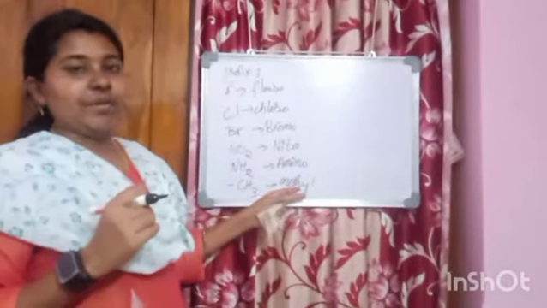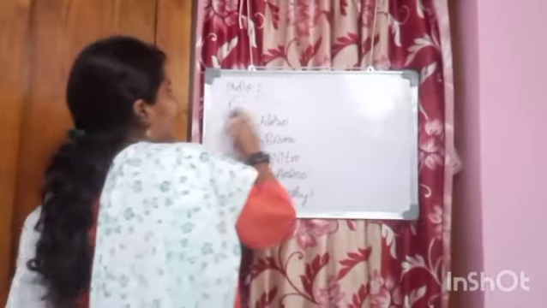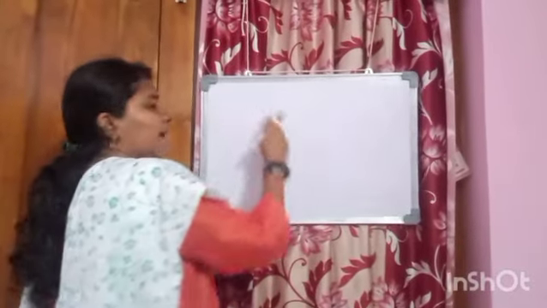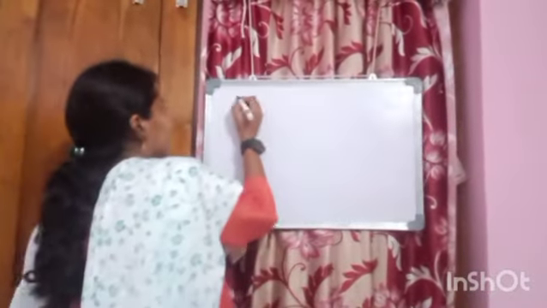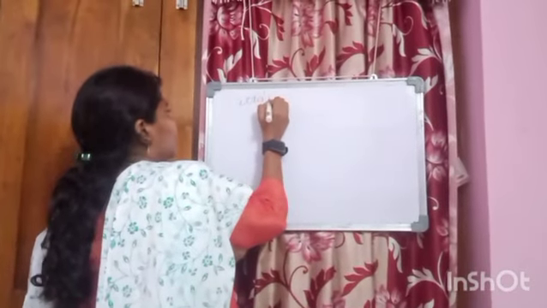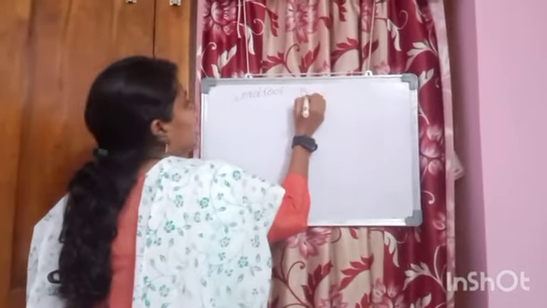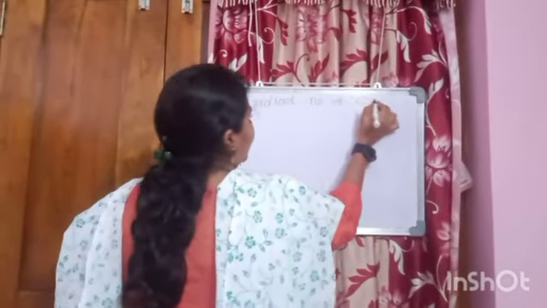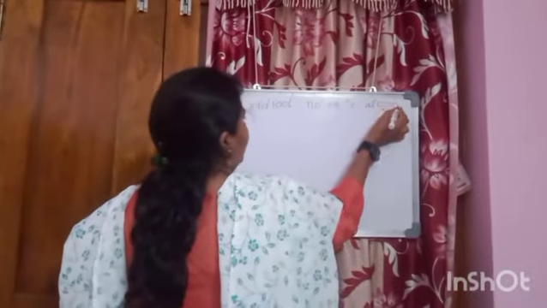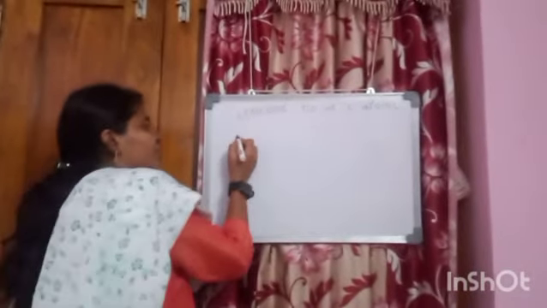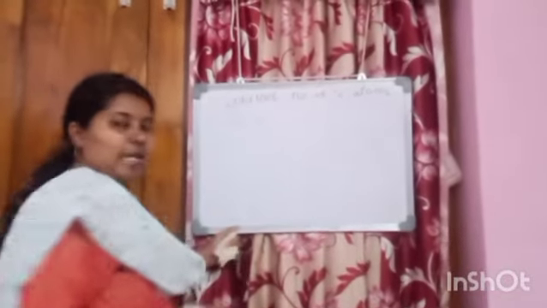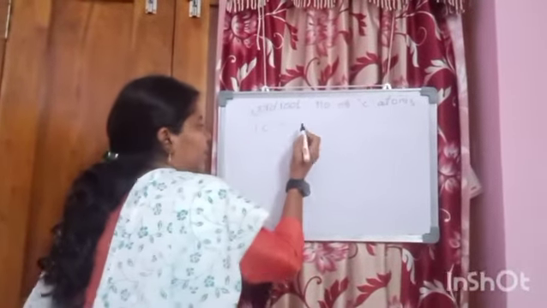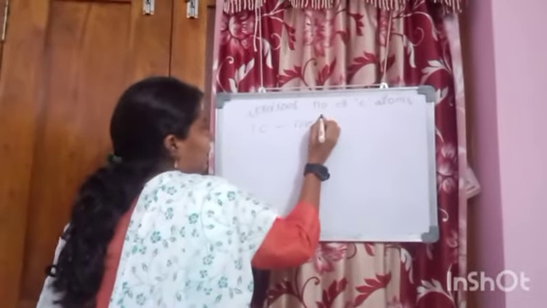Some examples I gave, and then for word root. What is word root? Number of carbon atoms in the chain. Now here in the chain, if we have one carbon atom in the chain, that is called meth.